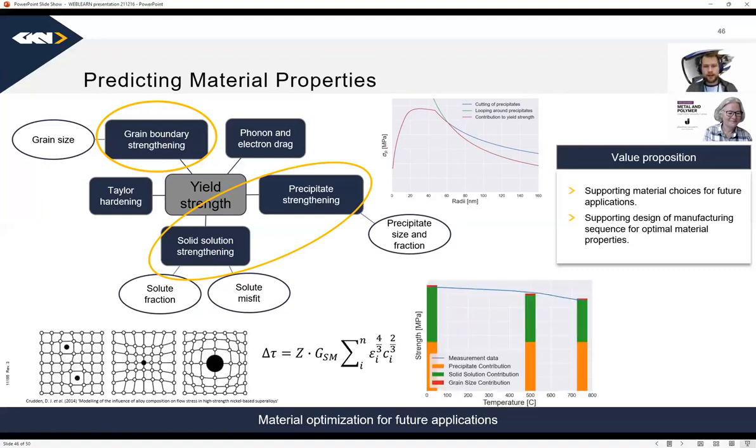And then finally, if we look at these and evaluate how good these models are that we have at the moment, for one of the first predictions we have done, we see that we have a rather good agreement with test data.